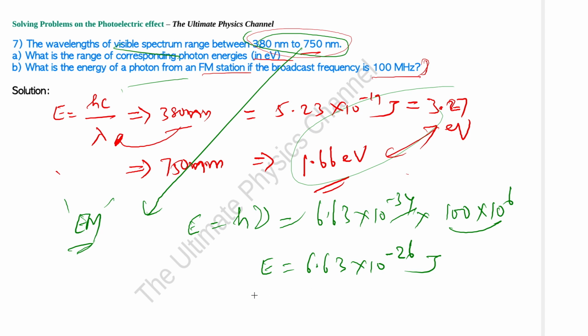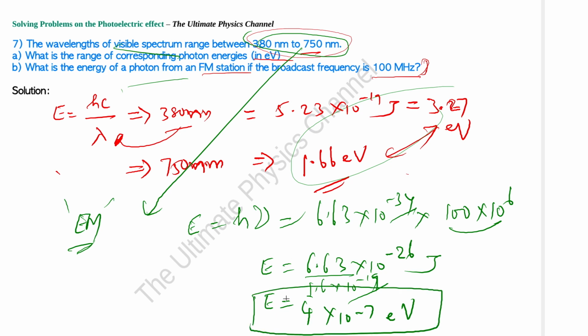Of course, in eV units, you can divide this by 1.6 times 10 power minus 19 to get it in eV units. That would be something around 4 times 10 power minus 7 eV.